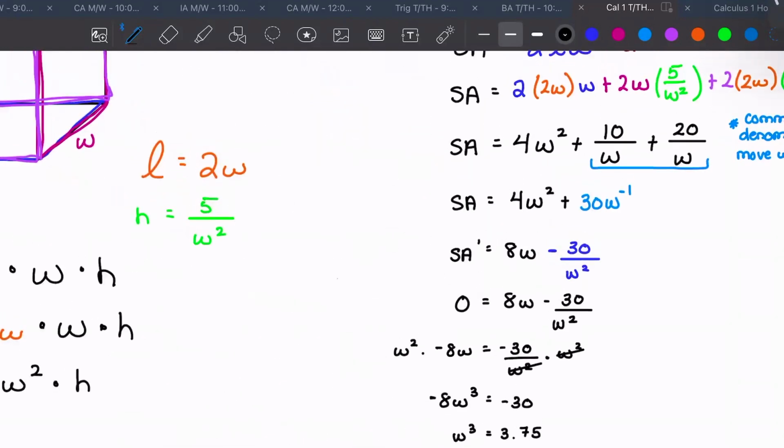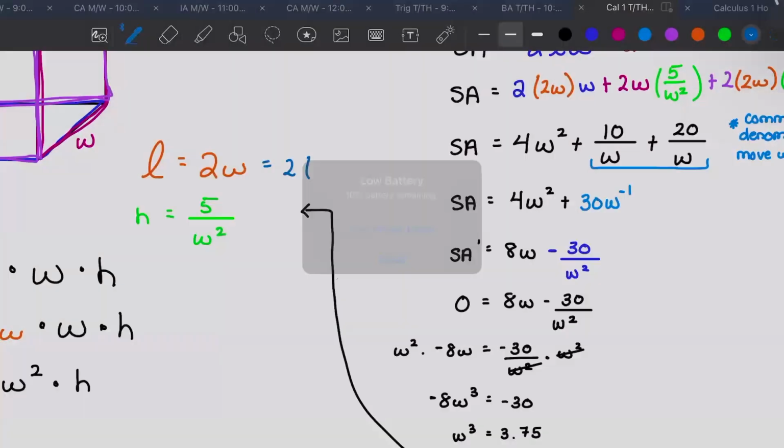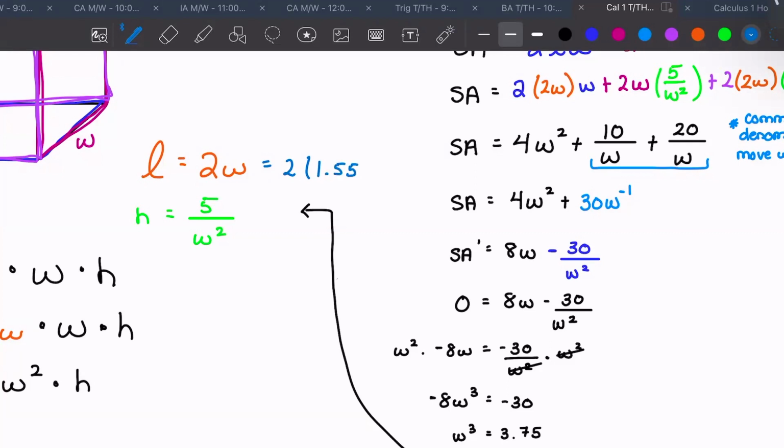So I have these guys over here that I can plug into, right? So length is 2 times W, so that'll be 2 times, what was it? 1.55. And that would give me 3.1. Do the same thing with my H. Plug in 1.55.